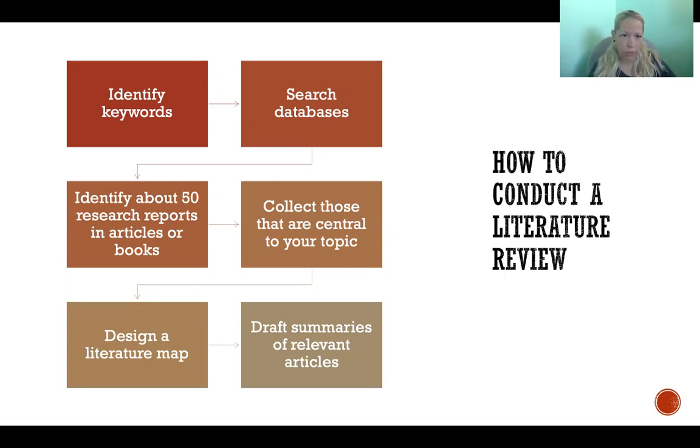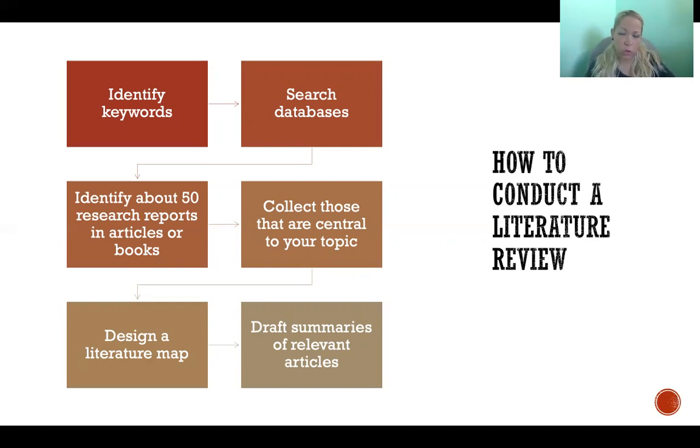So look for keywords in the papers that you find while you're doing your literature review, and you can add those keywords as you conduct your review. So once you've got at least a place to start, some keywords, then you will use those to search the databases, which we'll talk about on the next slide.